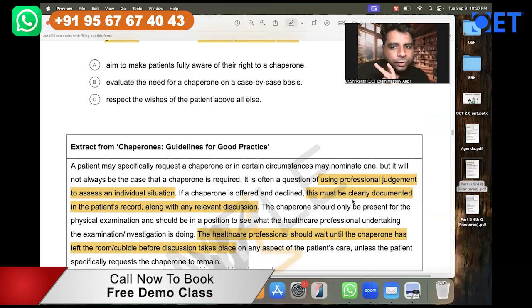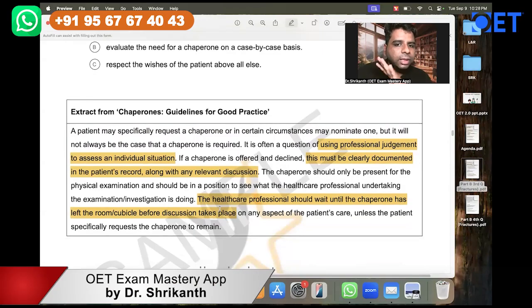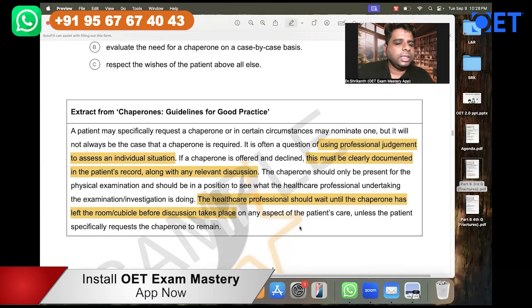They must clearly document everything in the patient's record along with any other relevant discussion. And what is the third expectation? The healthcare professional should wait until the chaperone has left the room before any discussion can take place, unless the patient specifically requests the chaperone to remain.